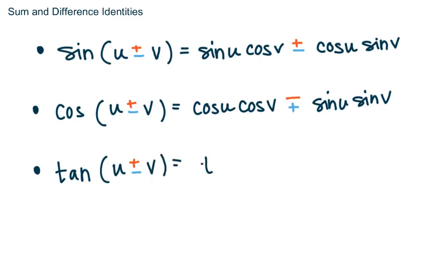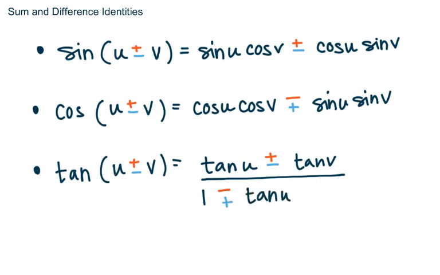So my tangent property is tangent u plus minus tangent v over 1 minus plus tangent u times tangent v. So plus, then we have a plus and a minus. Minus, then we would have a minus and a plus.